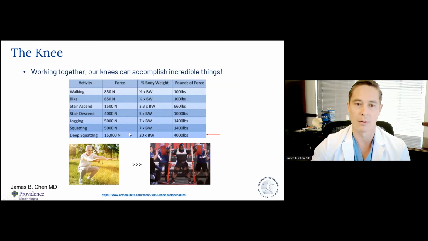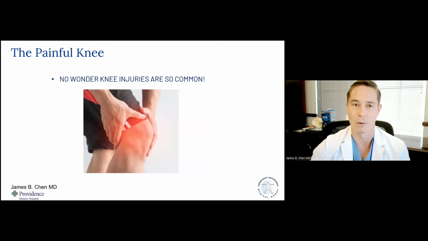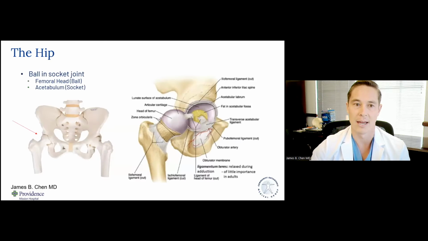Just your body weight, in the deep squatting position, areas of your knees see 15,000 newtons, or 20 times your body weight. The force in particular areas can be up to 4,000 pounds for a normal body weight individual going into a deep squat. So a lot of force, and it's no wonder knee injuries are so common, and there are multiple ways to get injured.